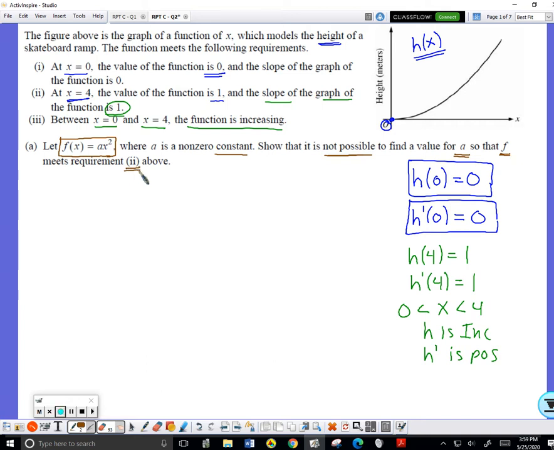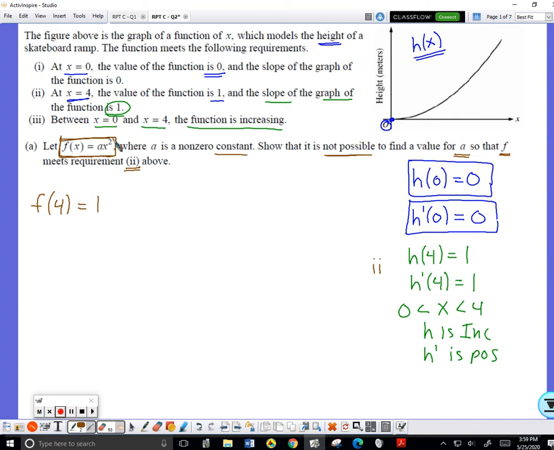So requirement 2, right here. I called it H, but they're saying it would be F in this case. So we're trying to say, can F of 4 equal 1?